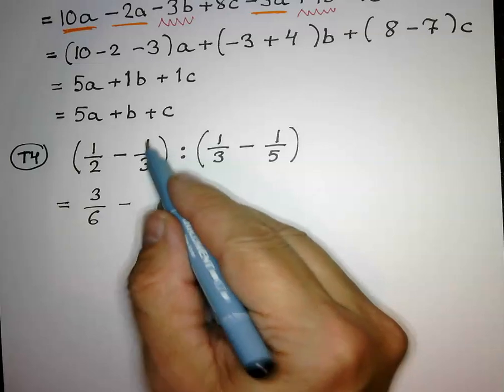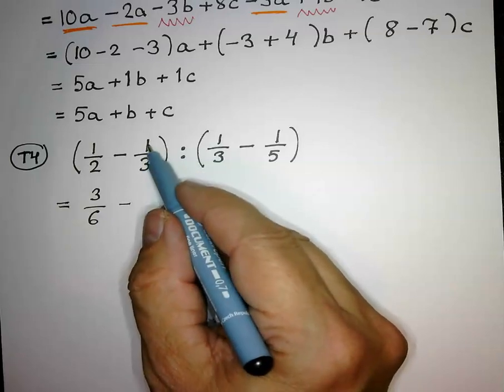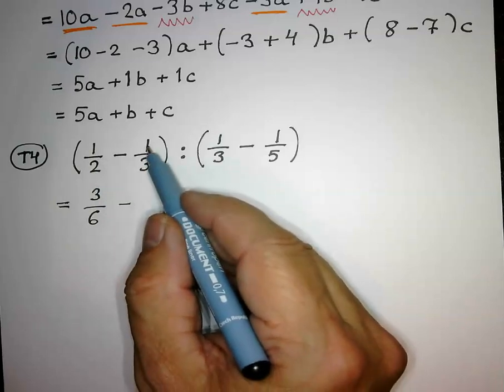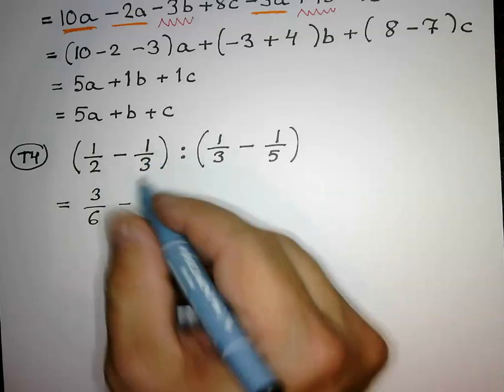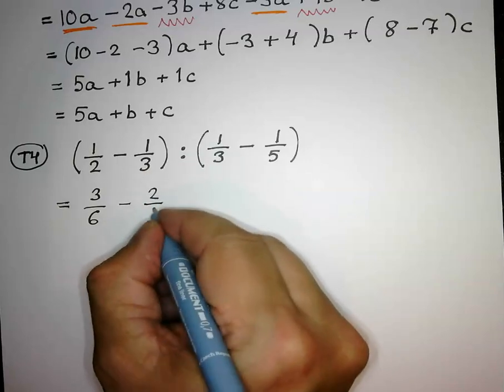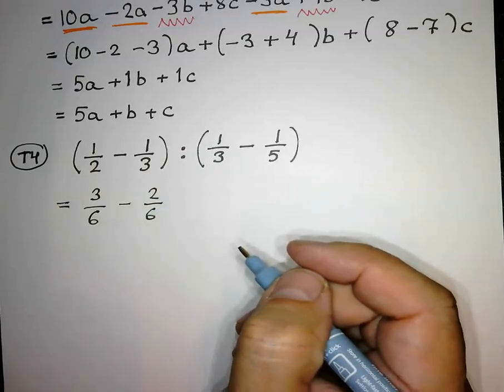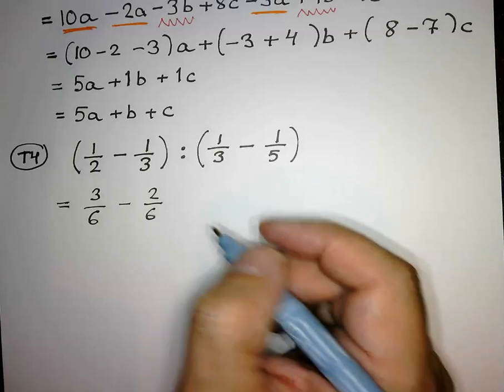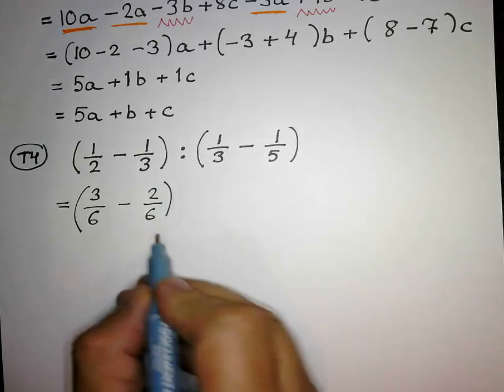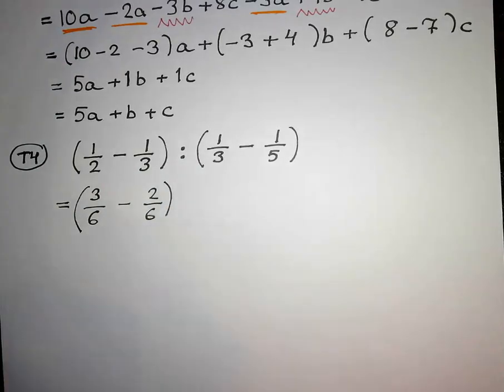And here we multiply this by 2, so we have 2 in the top part and 6 in the bottom part. So now we have the same denominators, or same numbers in the bottom part of those fractions.